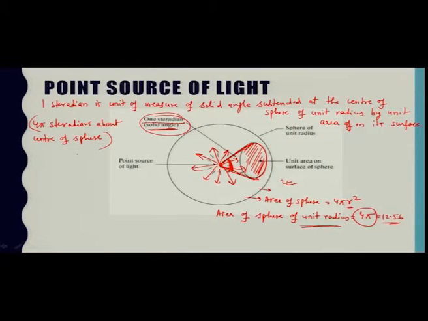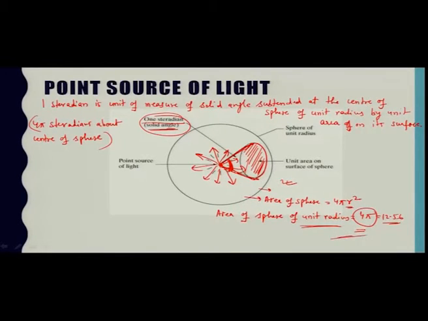So in terms of luminous intensity and luminous flux, a 1 candela point source of light radiates a total of 12.56 lumens.